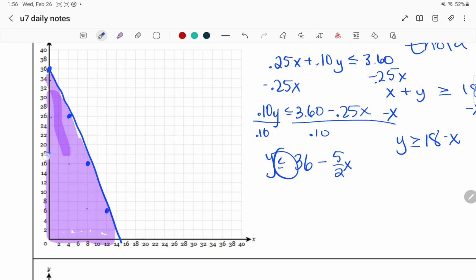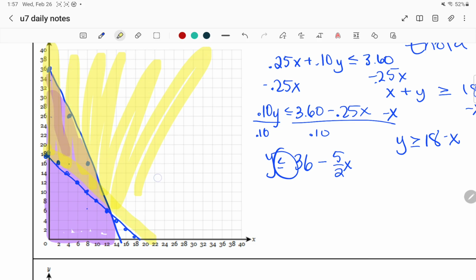Start on 18 for the second one, down 1 over 1. Solid line, and I'm going to shade above this time because it is greater than. So think greater is bigger, less is low.